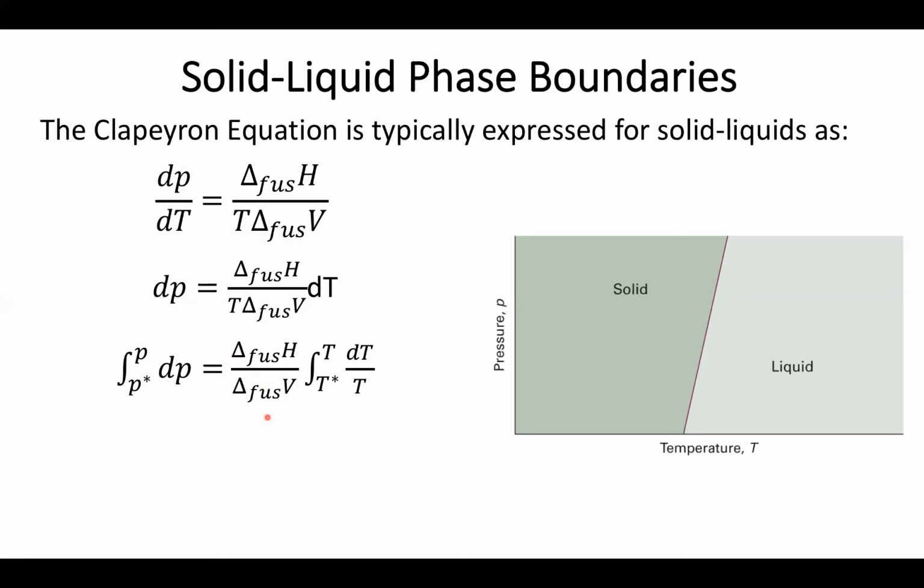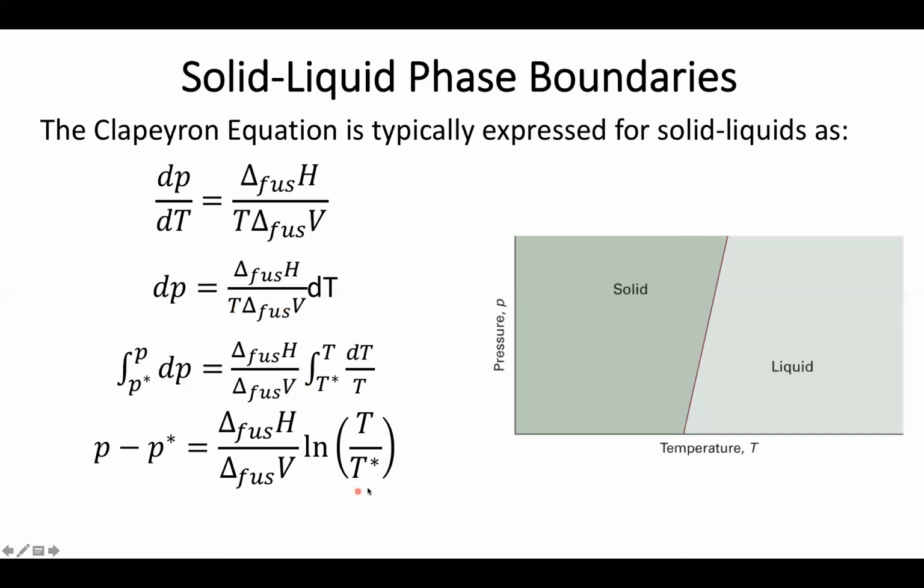However, this often relies on the use of advanced techniques such as Kirchhoff's law, such as we've talked about earlier in thermodynamics. But from this simple first approximation, we can then pull these two terms out, and we're left with our good old-fashioned integral dT over T. So when we do this, we get a change in pressure term on the right, a ratio of enthalpy to volume, and a natural log of the difference of temperatures of the systems.